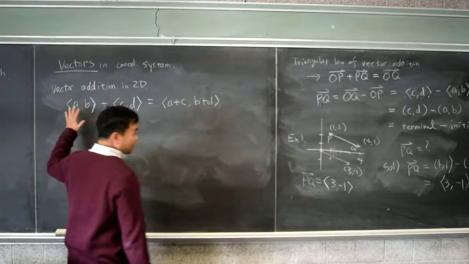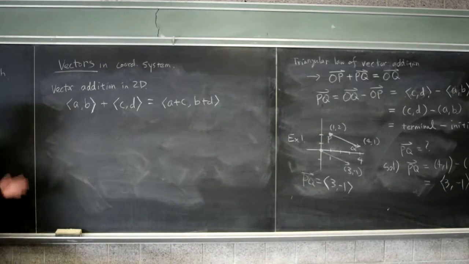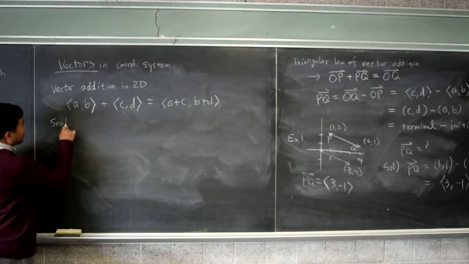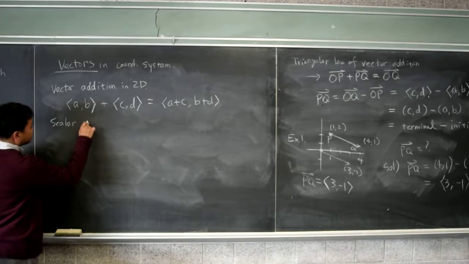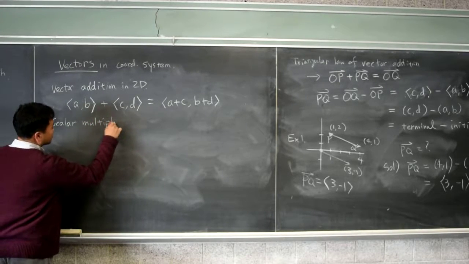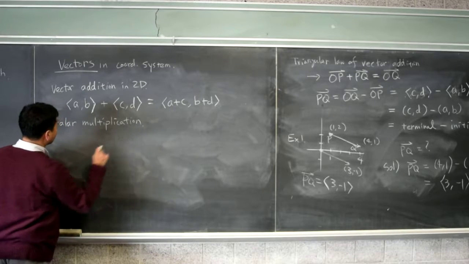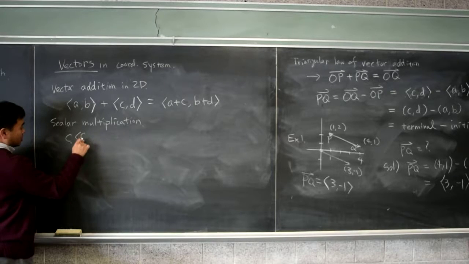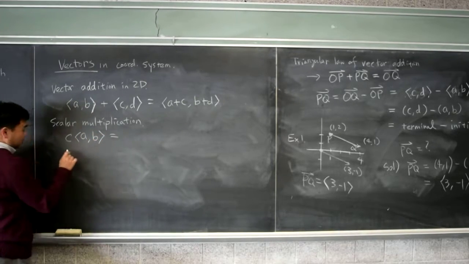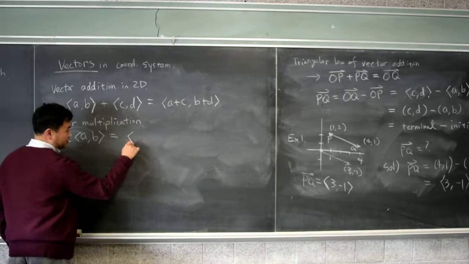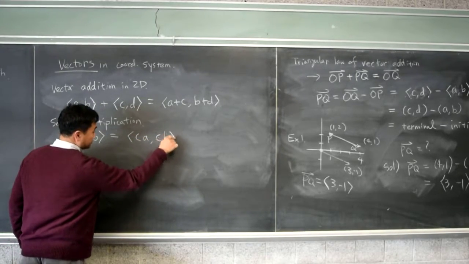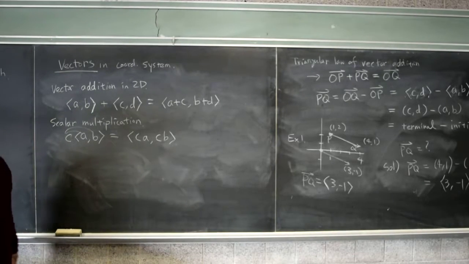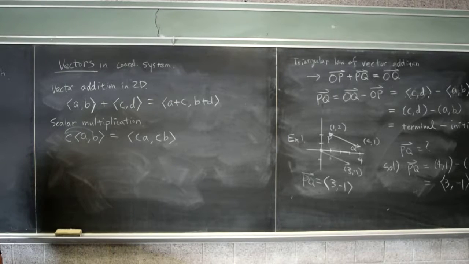I should probably have explained this first before doing that, but I kind of jumped ahead. All right. And then scalar multiplication is, if you have a constant C multiplied to A, B, you multiply this to individual ones. So those are what you can do with vectors in 2D.